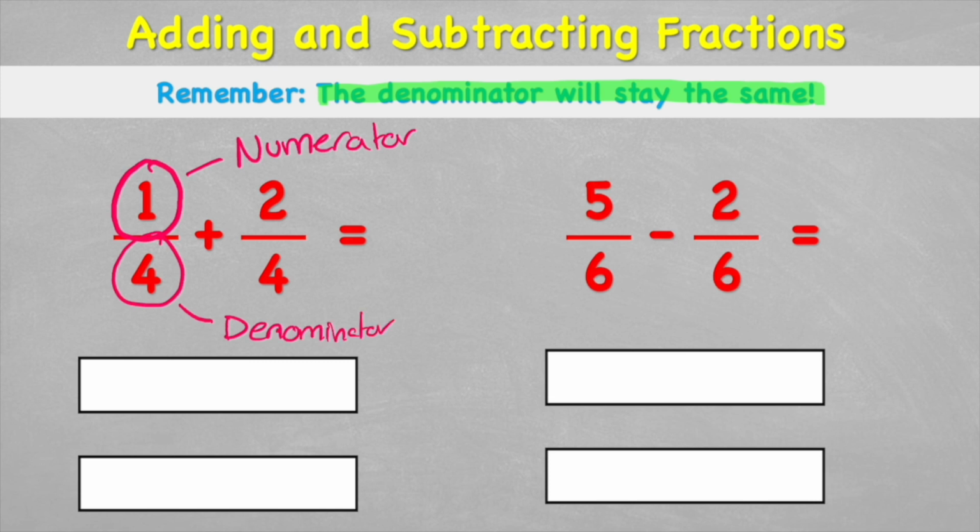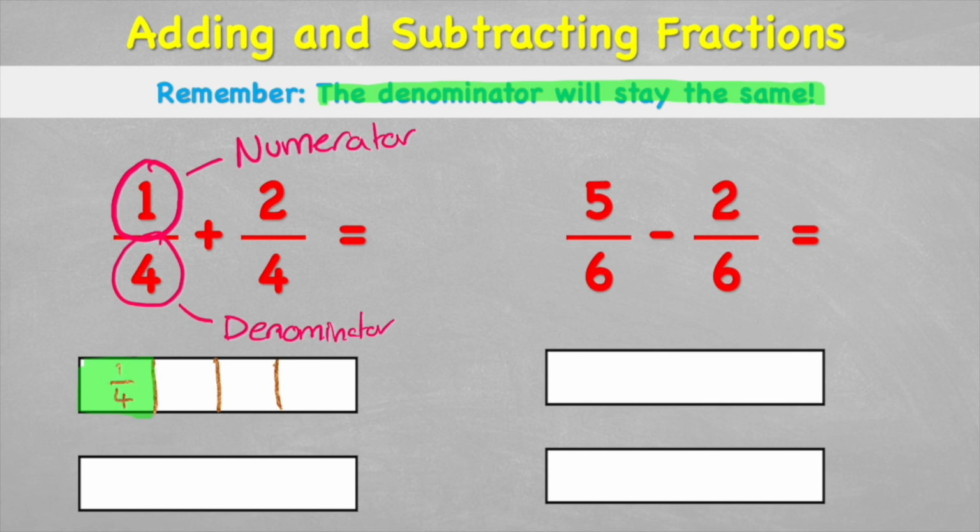And the denominator is how much we've split our chocolate bar or whatever it is into. So 1/4 would mean that I've cut my chocolate bar into 4s or quarters. And the 1, the numerator, is how many we're looking at. So in this case, 1/4 would look like this.